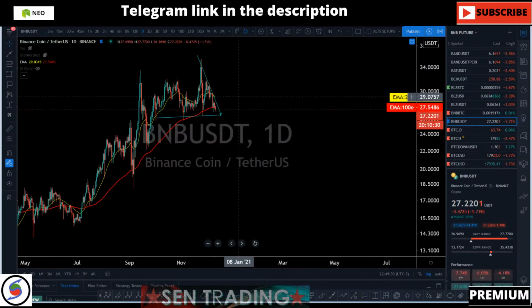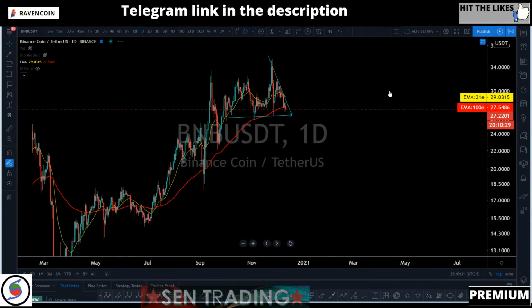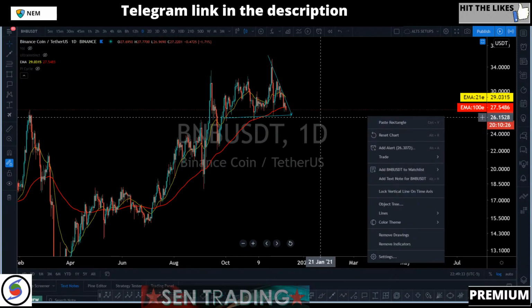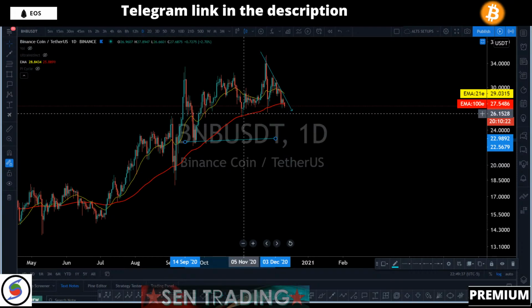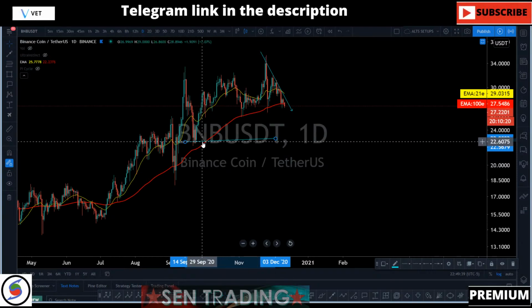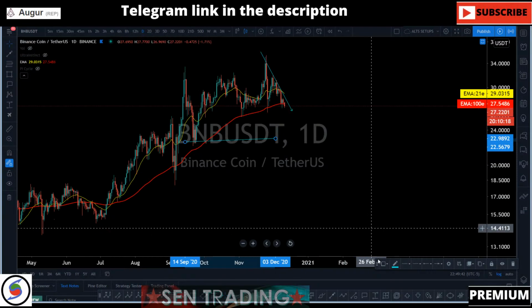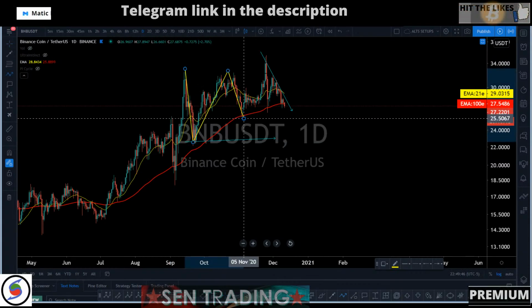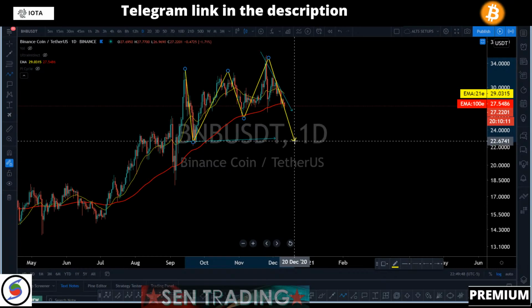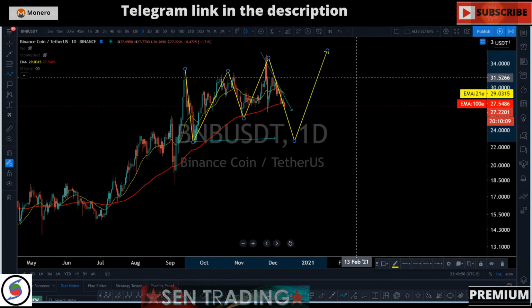BNB is still moving sideways. If we break the daily 100 EMA, the next major support is almost at 22, which is not good, at least in the short term, but it is still a correction. With this correction, we could get a move back up, right?